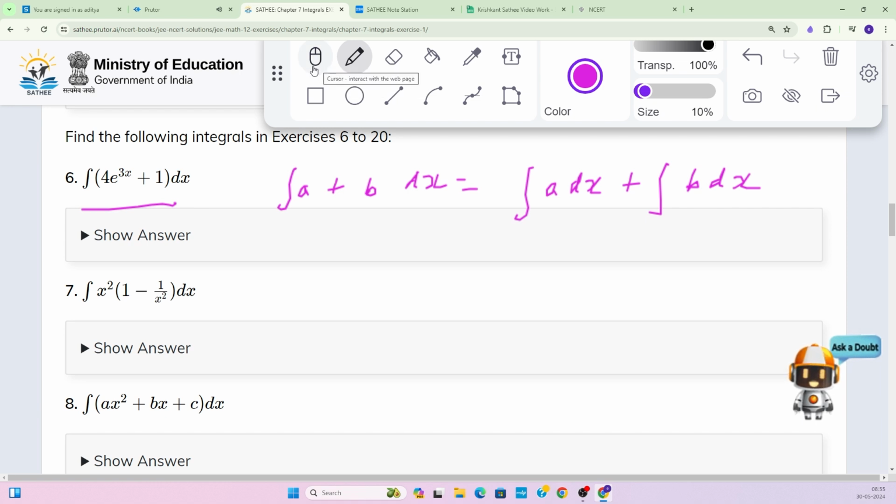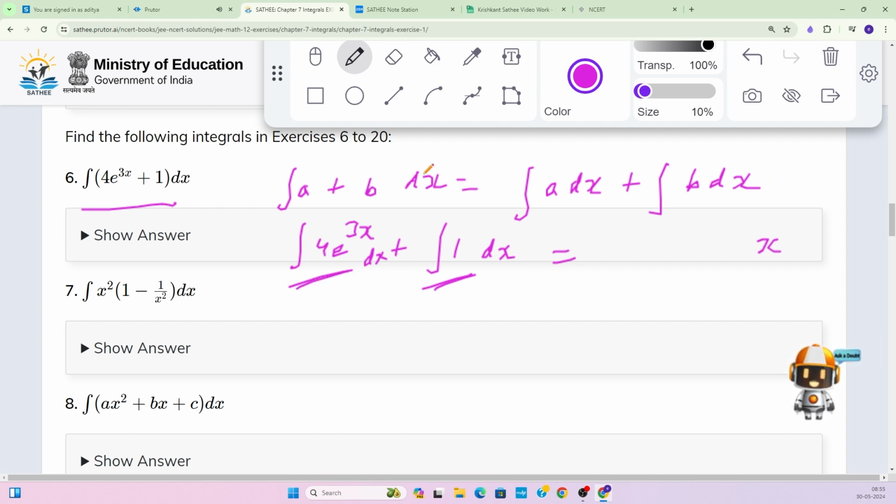So using this, you will get integration of 4e^3x plus integration of 1 dx. Now you know the integration for this will be just x.